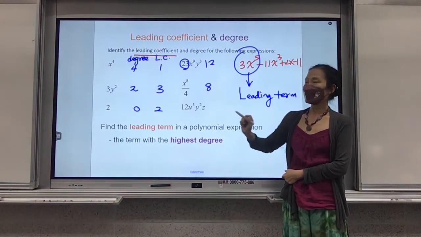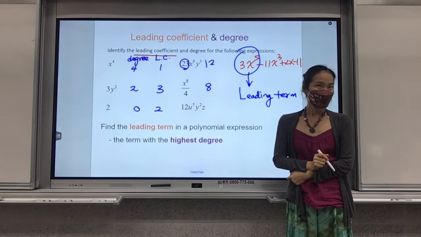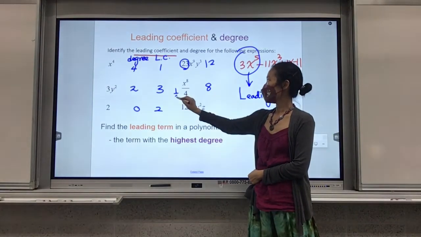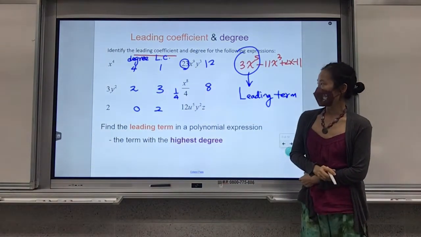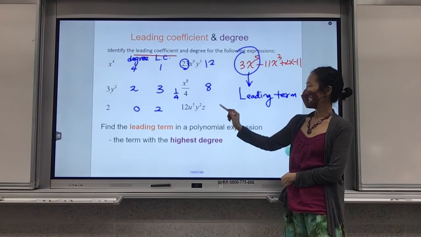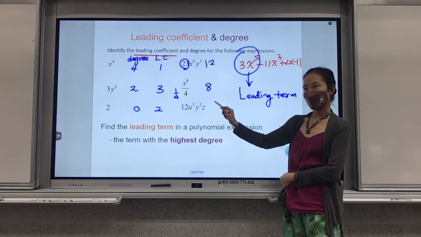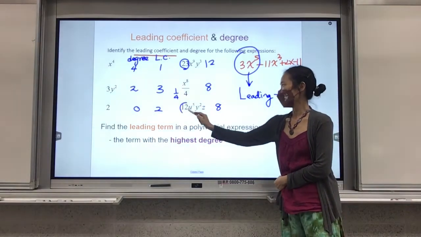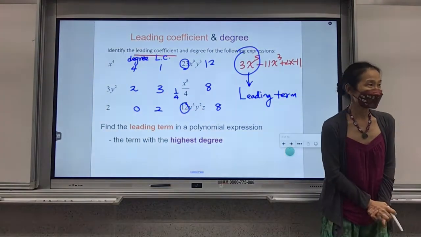And what is the leading coefficient? 1, 4. Yes, 1, 4 times power 8. Very good. Next one, degree of 8. Leading coefficient? 12. Not so bad, is it?